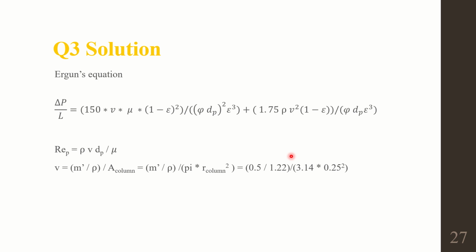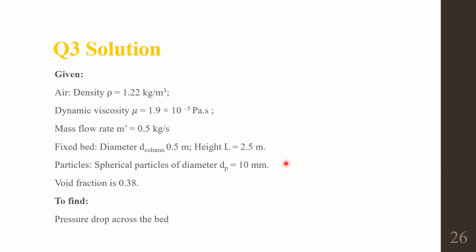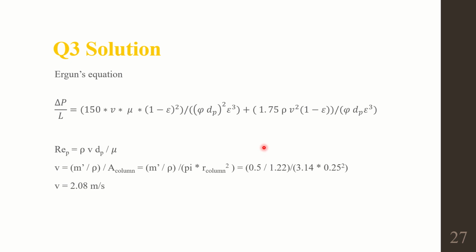We need to know the velocity, so volumetric flow rate divided by the column cross-sectional area gives velocity. With mass flow rate 0.5 and density 1.22, divided by pi r square, where 0.5 is the diameter of the column and 0.25 is the radius, we get the velocity as 2.08 meter per second.